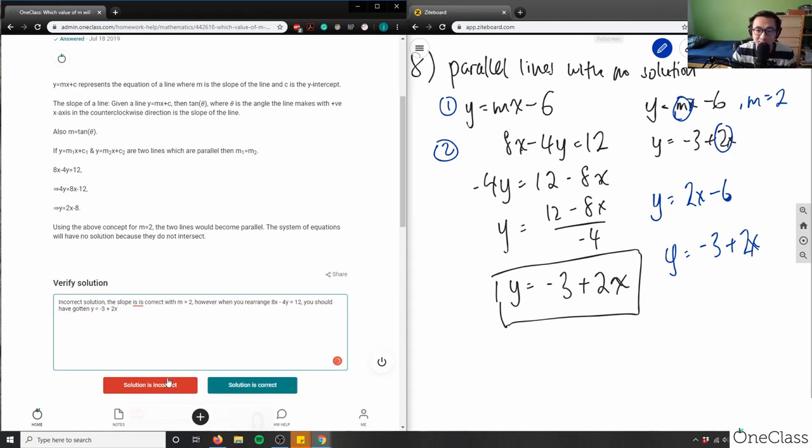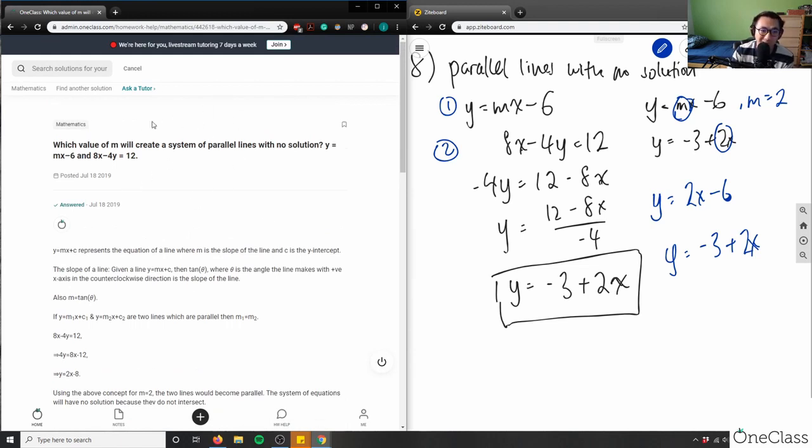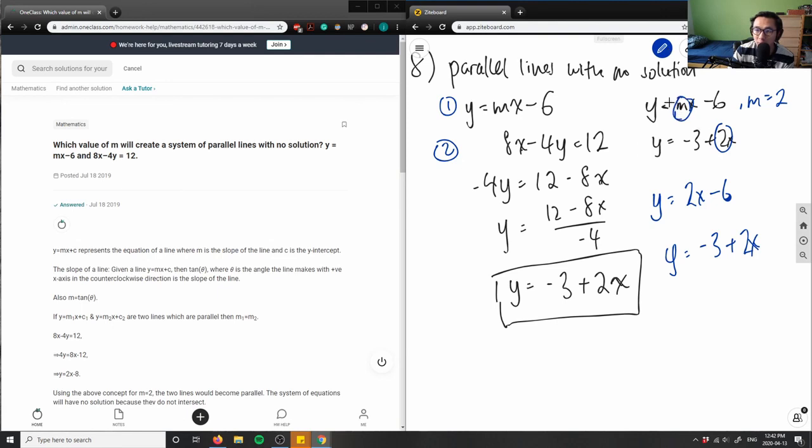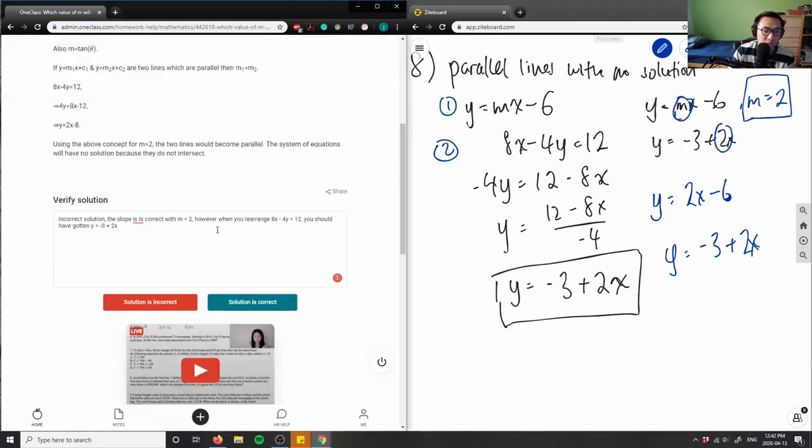So the solution in this case is incorrect. But the concept here was which value of m would create a system of parallel lines. If I want these two lines to be parallel, this slope is 2, which means m has to equal 2. That was the main point, but they just did their algebra wrong in this case. So I'm going to say the solution is incorrect.